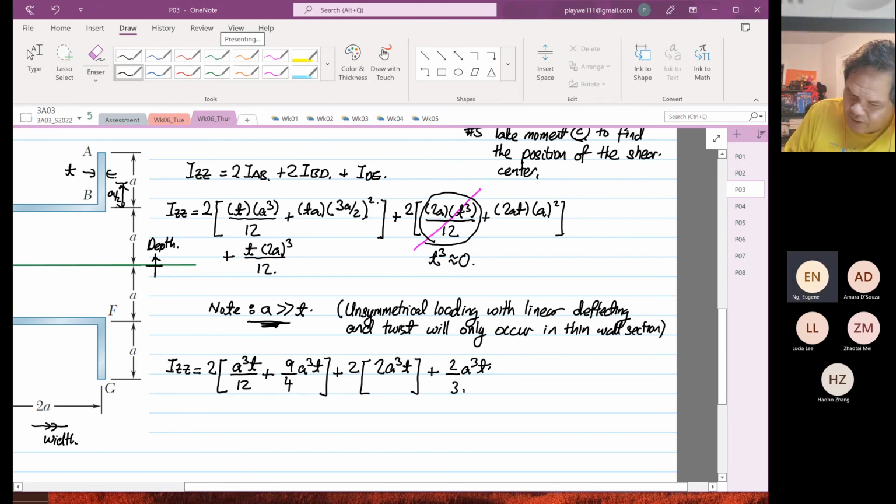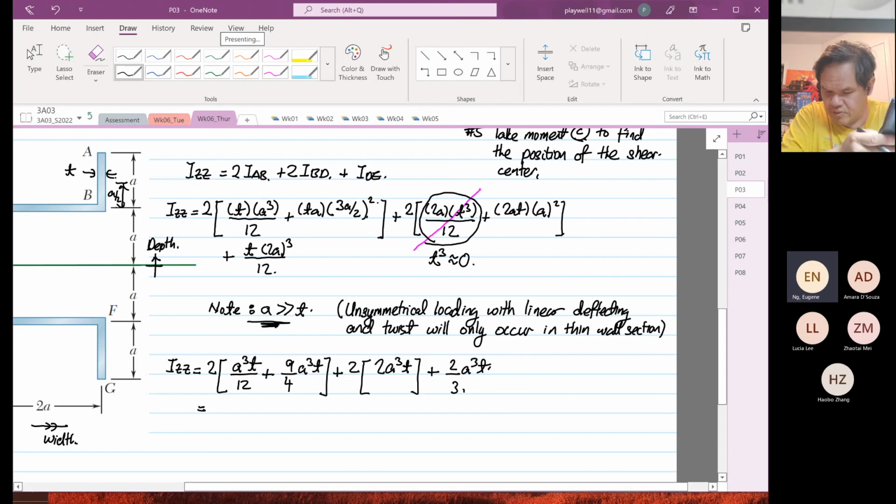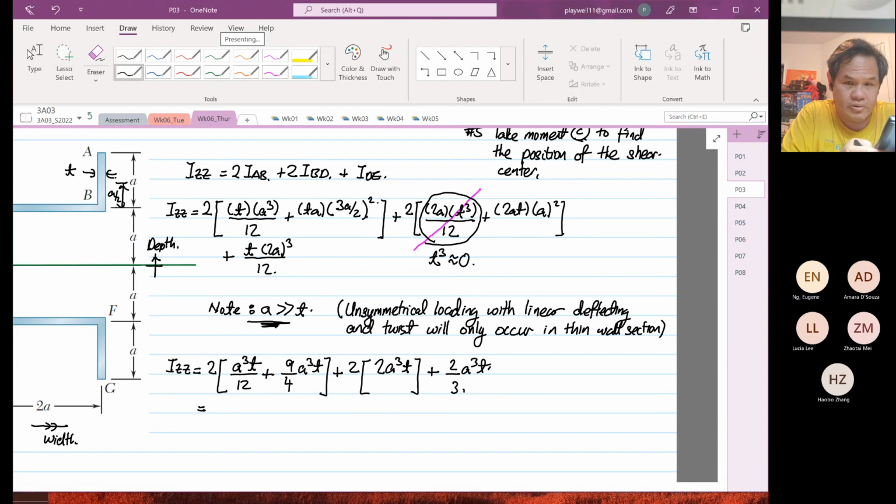Okay. So when I calculate, so 9 over 4 plus 1 over 12 times 2, I get 14 over 3. Wait, do I do this correctly? 3 squared. Okay, hold on. So 9 over 4 plus 1 over 12 times 2. So this is 13 over 3.